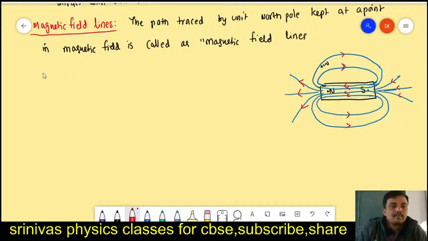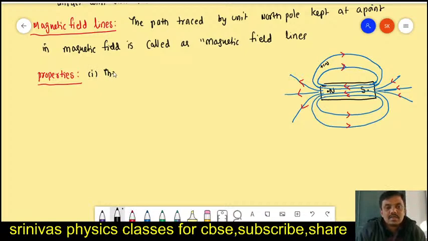And now, properties of magnetic field lines. These are imaginary curves. They cannot appear around the magnet. These are imaginary closed curves.